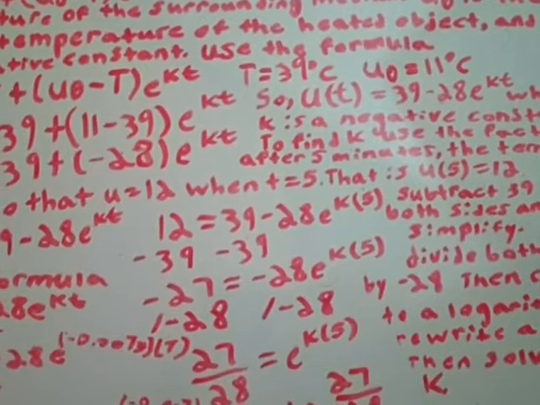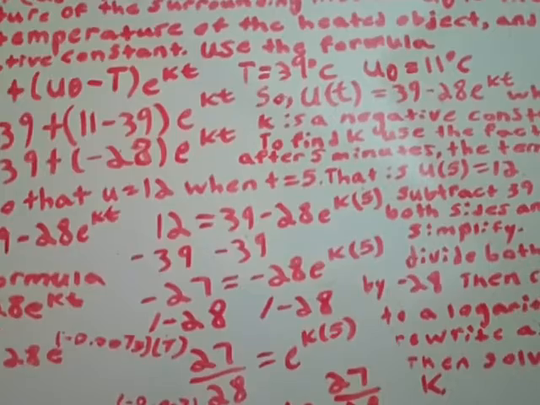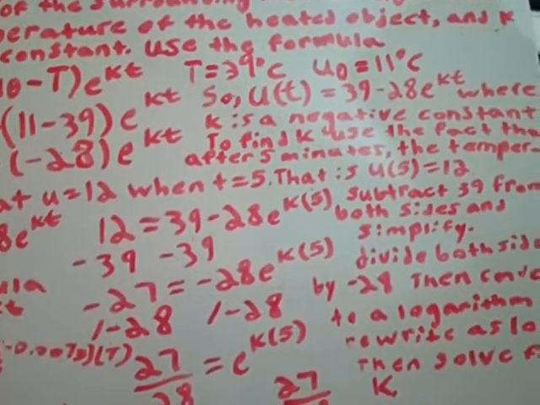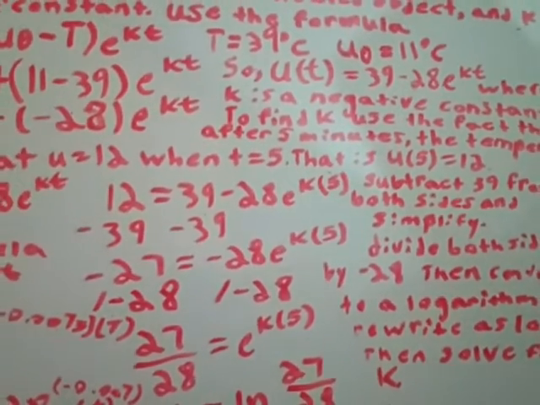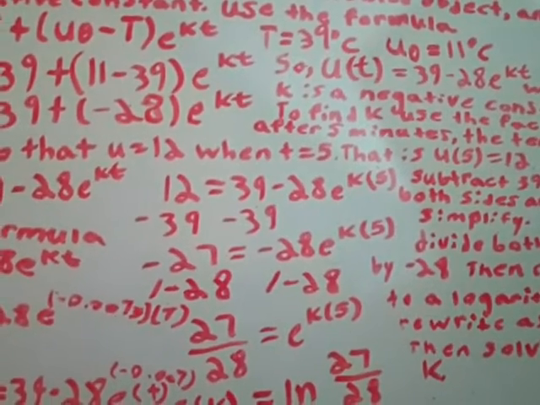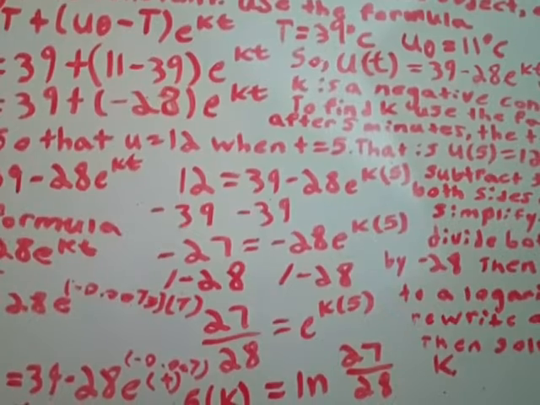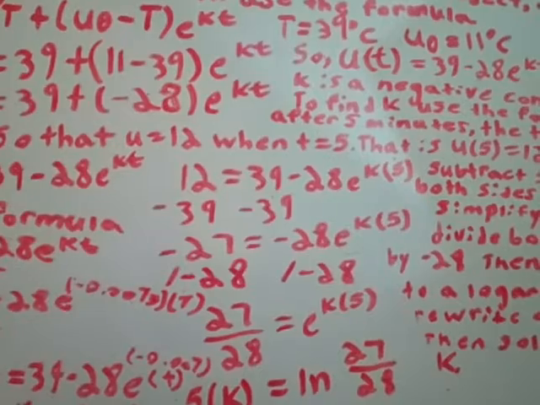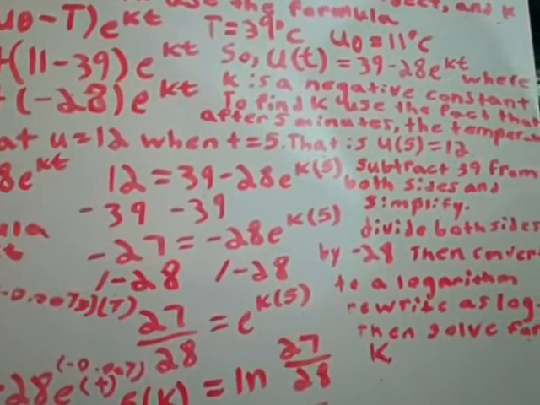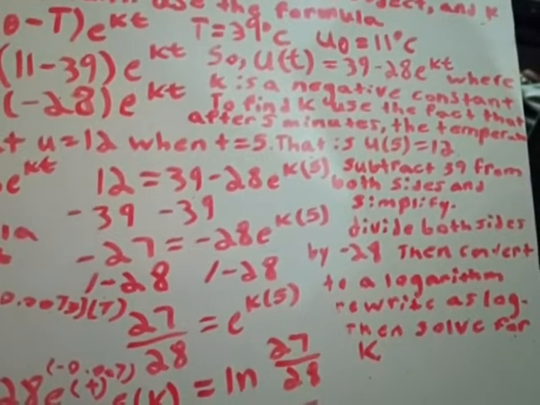To solve for k, I first have to get rid of the 39, so I subtract 39 from both sides and simplify. 12 minus 39 is negative 27, and the 39 minus 39 cancel, giving me negative 27 equals negative 28e raised to the 5k power.